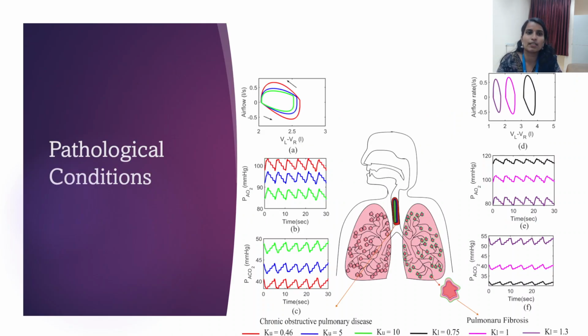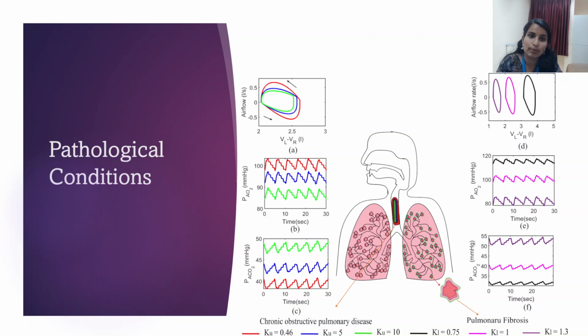From this figure we can clearly observe that in the COPD case, we see the upper airway obstructions with a varying KU from 0.46 to 10. From here we can clearly observe how much oxygen reduction and how much carbon dioxide increase is happening, and the lung volume and airflow rate variation is also clearly observed.